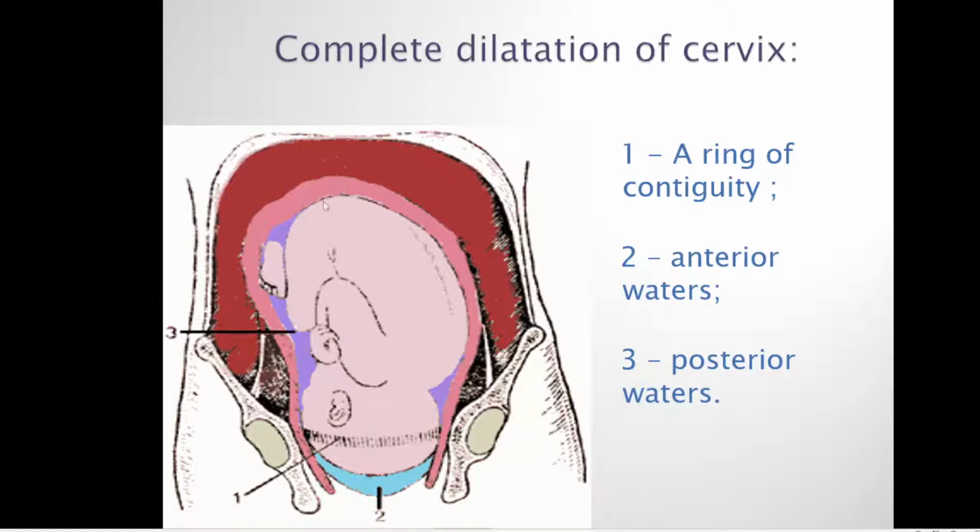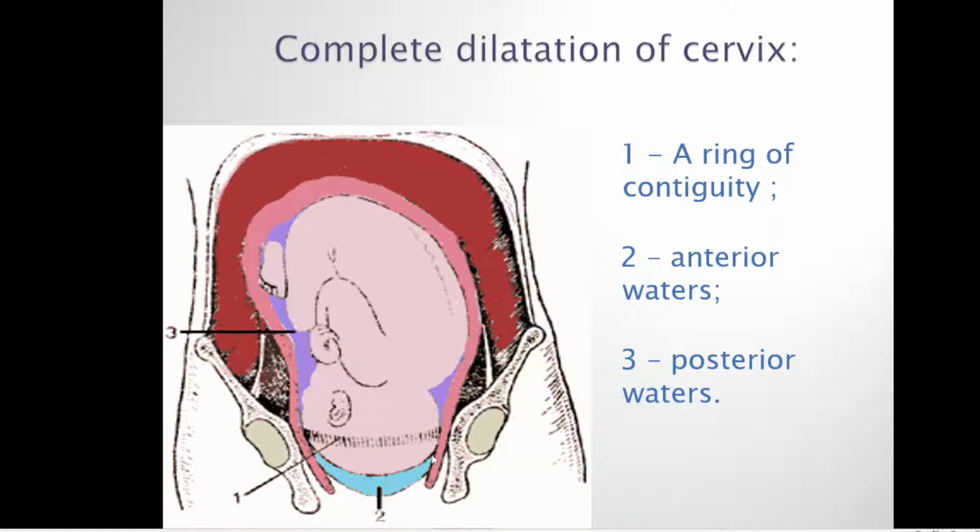The amniotic membranes are divided into an anterior part and a posterior part, and the anterior part of the amniotic membranes and the anterior amniotic water are named the amniotic sac.